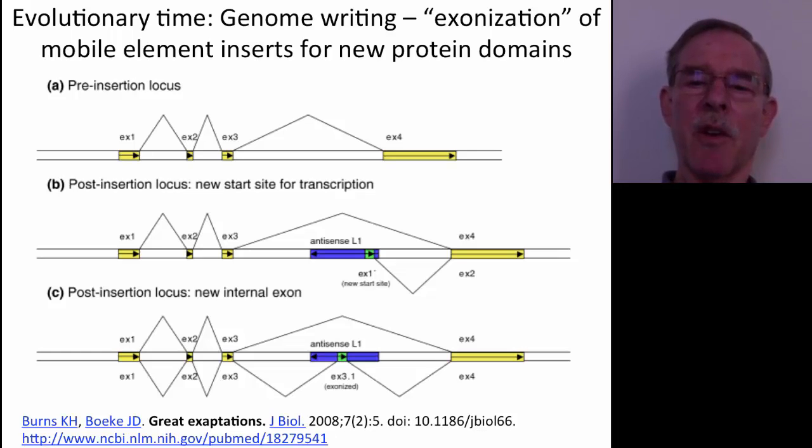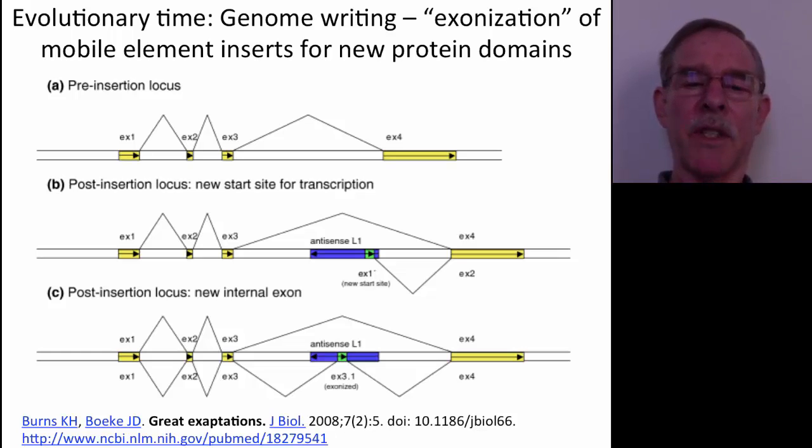One is that new transcription can start inside the L1, continue up to a splice donor site, and then that splice donor site can recognize the splice acceptor site at the 4th exon of the original locus. So a region of the L1 that is transcribed will become the 1st exon of a new protein, and then the 4th exon of the original protein will become exon 2 of the novel protein. So that's one way that a sequence from an L1 element can become an exon encoding a protein domain.